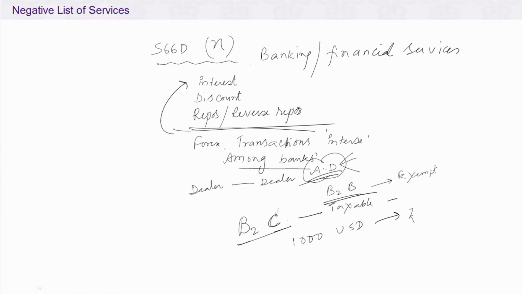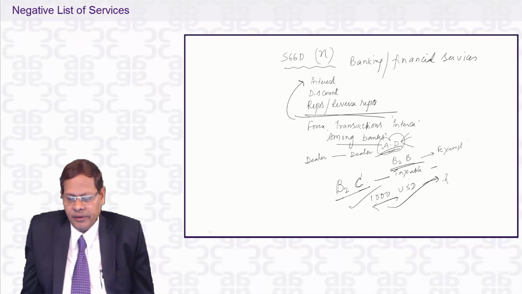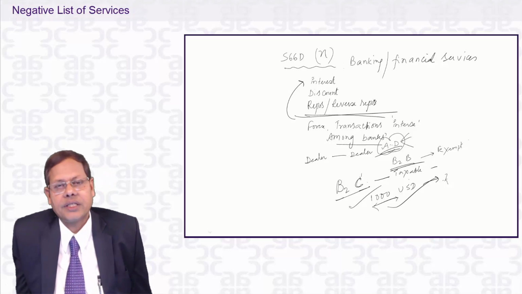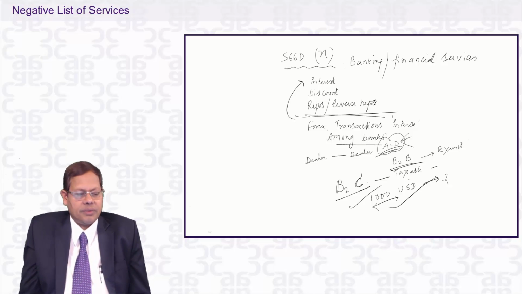So it's a forex service. He may submit Indian rupees and want to get American dollars or some other currency. So if the forex transactions are made to a customer or consumer, then that is taxable. But B2B transactions are not taxable. So remember, B2B transactions are not taxable.